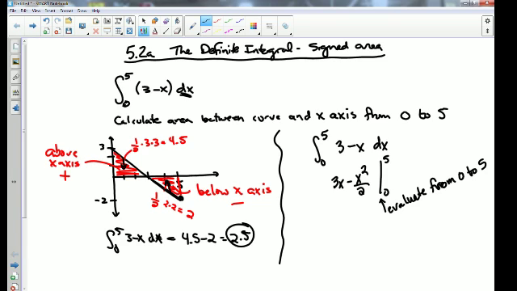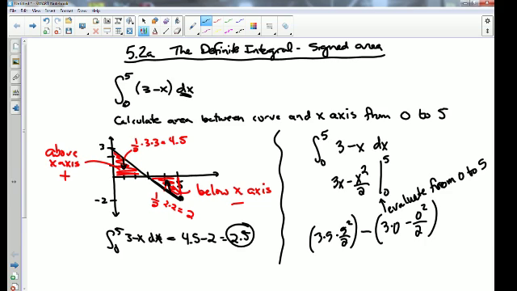Now, here's the step you haven't learned: evaluate. So plug 5 in, minus plug 0 in. You don't want to do it the other way because it's subtraction. It will be the wrong answer.